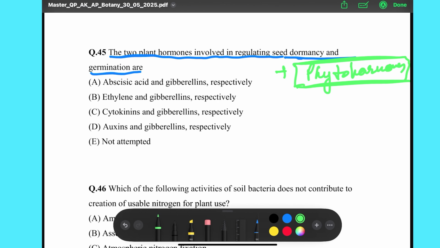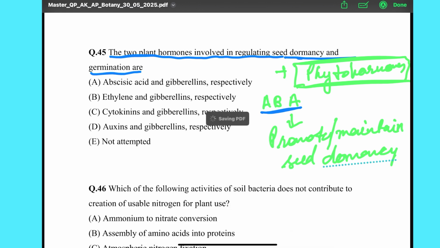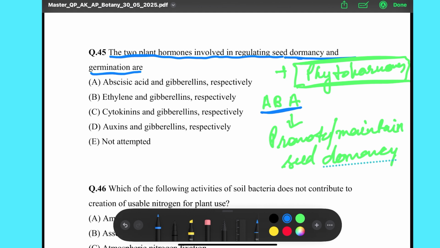So abscisic acid and gibberellin respectively. Why? Because ABA promotes and maintains seed dormancy, right? Whereas GA will do the opposite.